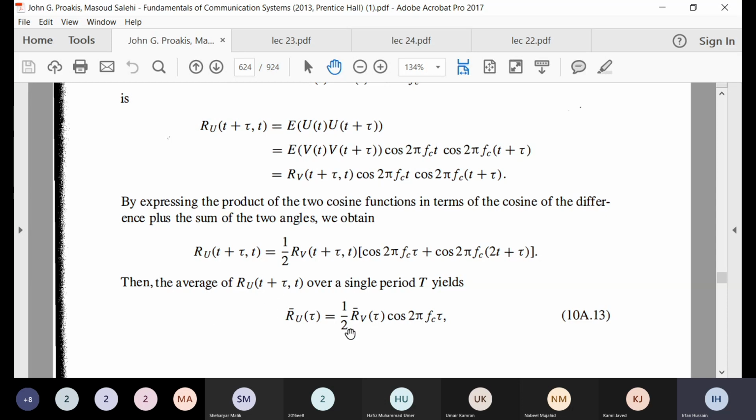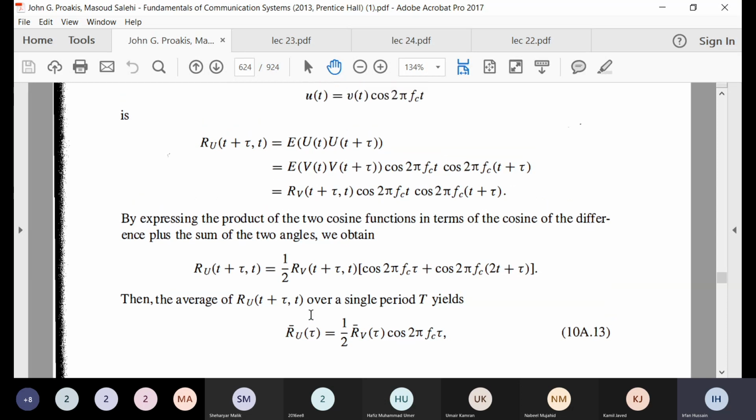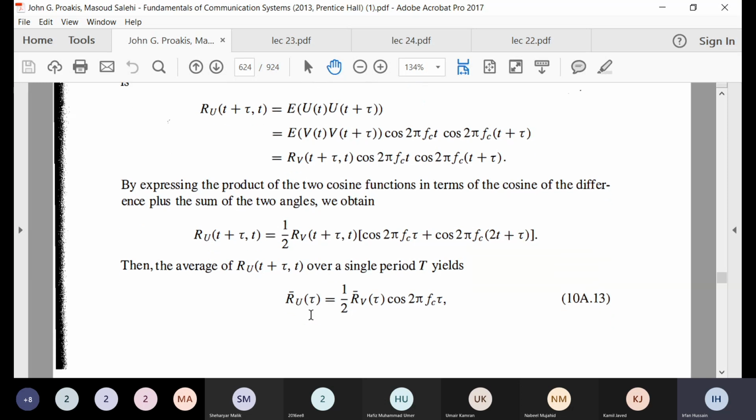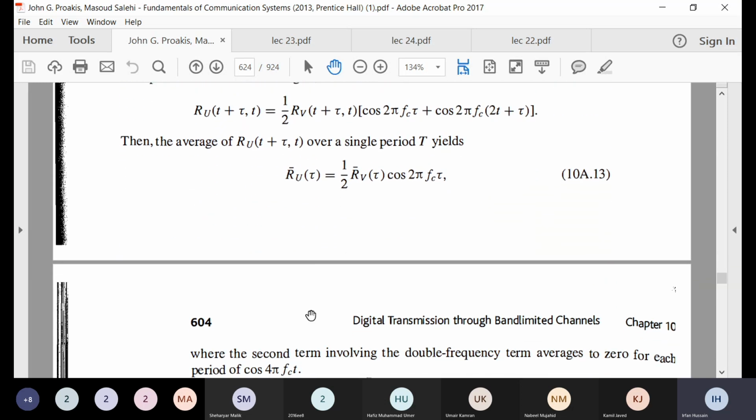So now this is your autocorrelation function, and I will take its Fourier transform. Its Fourier transform will be just as we have seen in chapter 3.